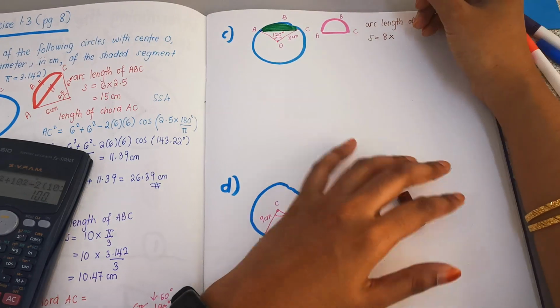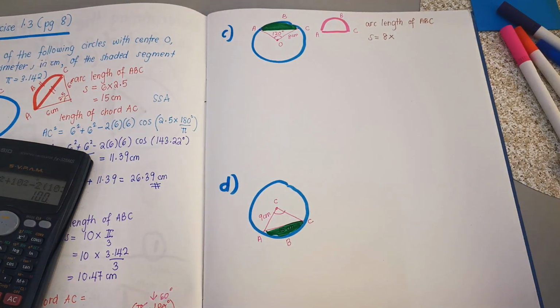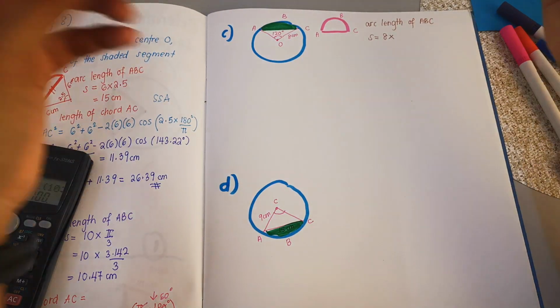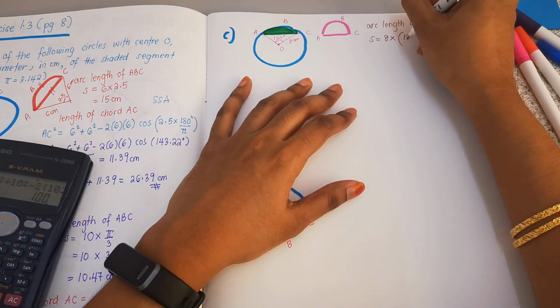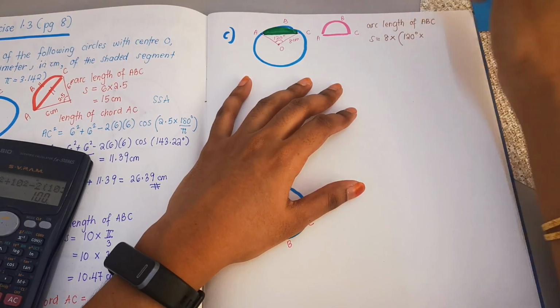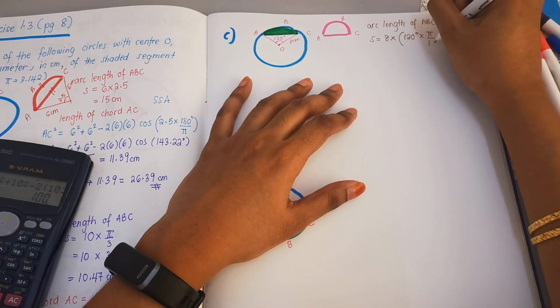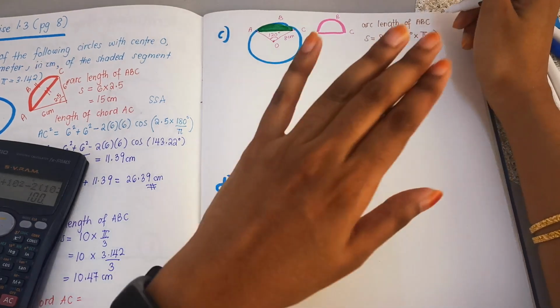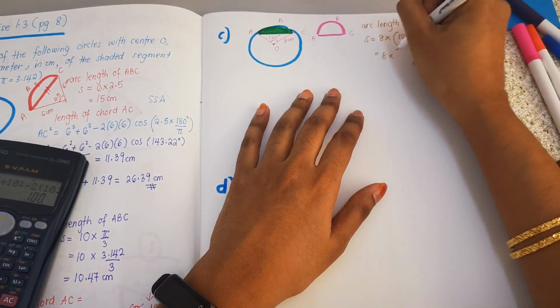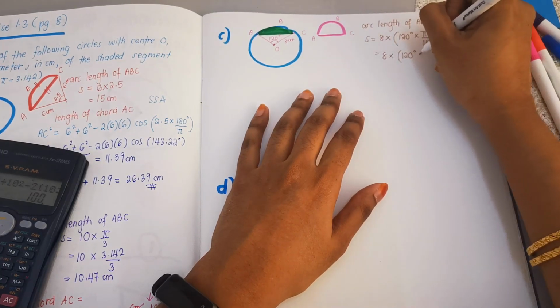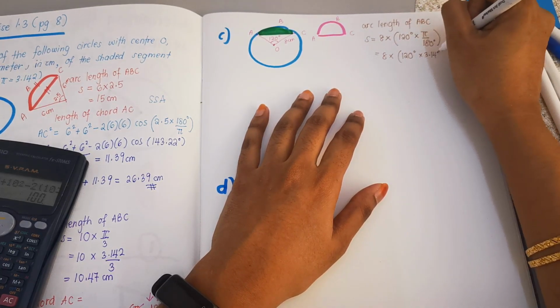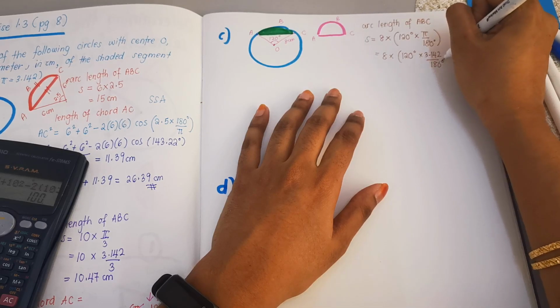Can we times with 120? Of course not. We are learning this chapter, so our theta must be in radian. So you take your 120 degrees and change to radian. To change to radian, we times with pi over 180. So use your pi, which is 3.142, over 180.